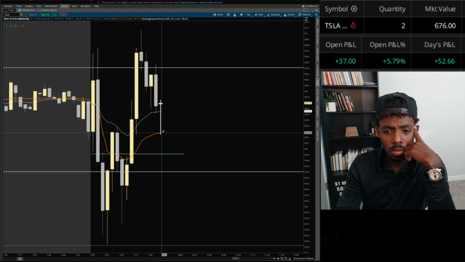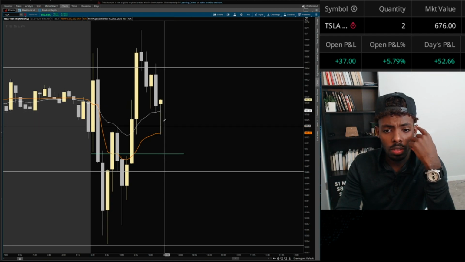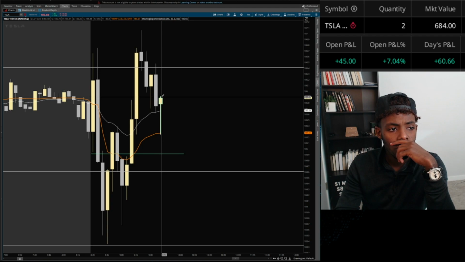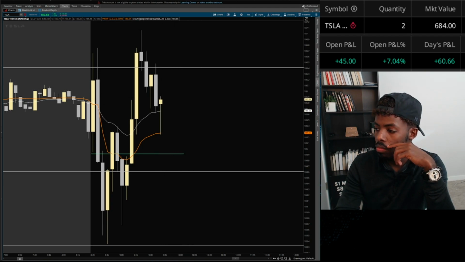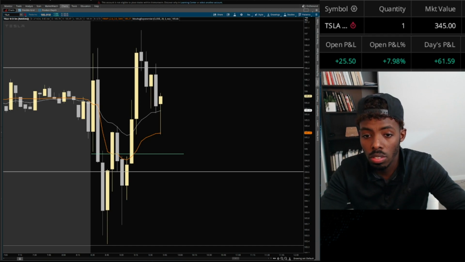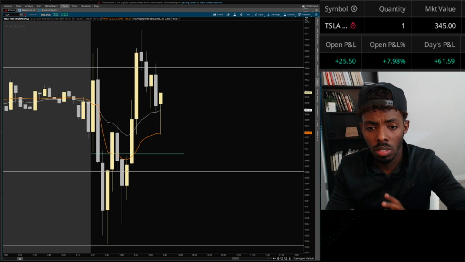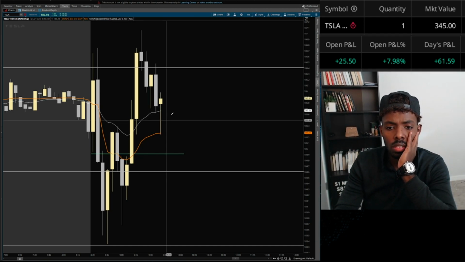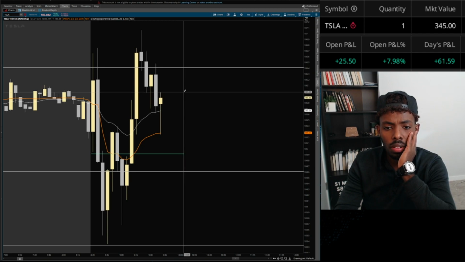Okay, we'll see if we're gonna move up or we're gonna come back down to the VWAP again. Oof, I'm liking this. I'm gonna take another one out. I'm gonna leave this one as a runner right now.